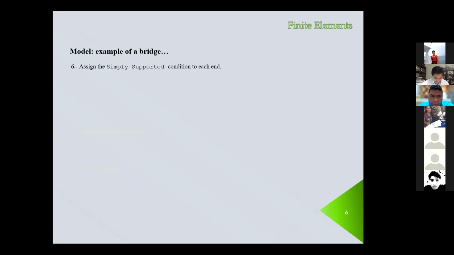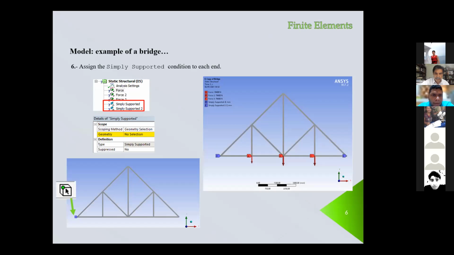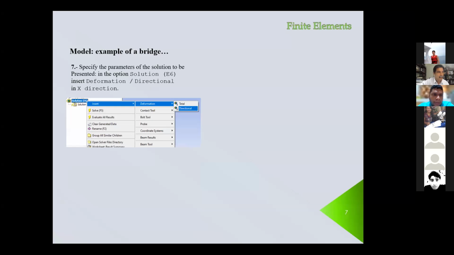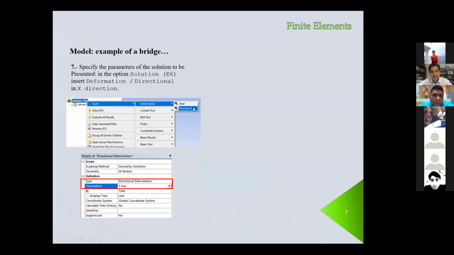So after defining the boundary condition, the next step is to set up the parameters of the solution that you want to see. For example, if you want to see the deformation in the x-axis, you have to go to this path, insert the deformation, and then select the directional deformation.